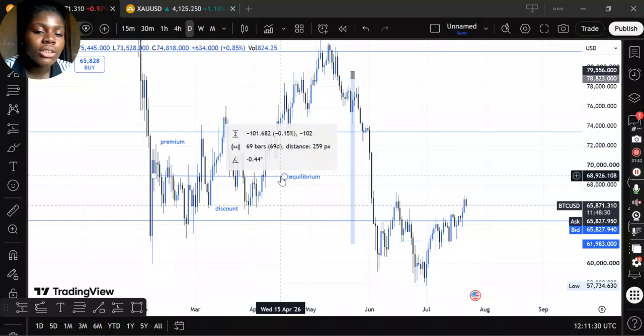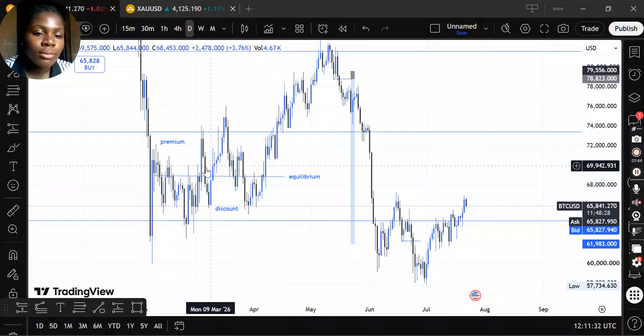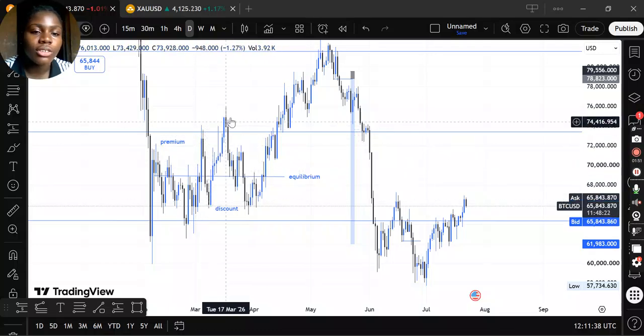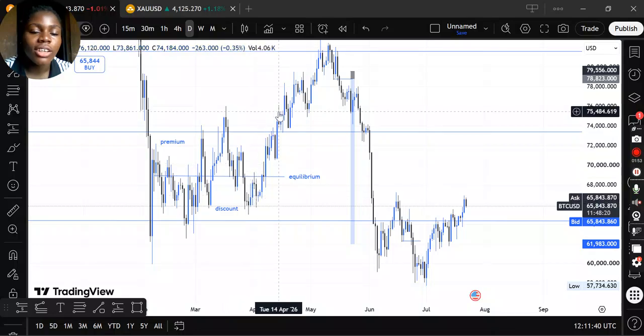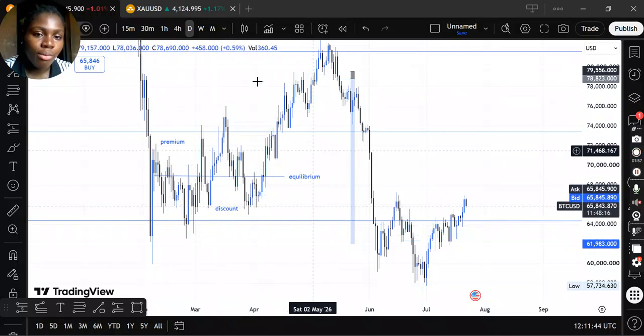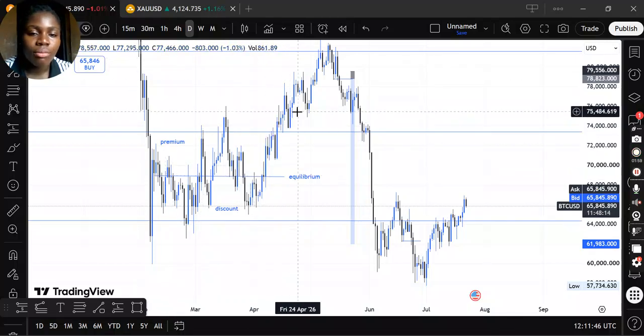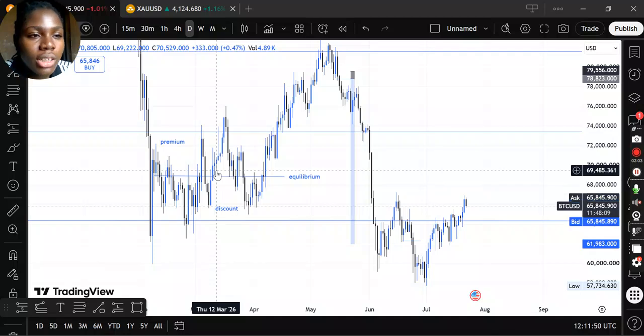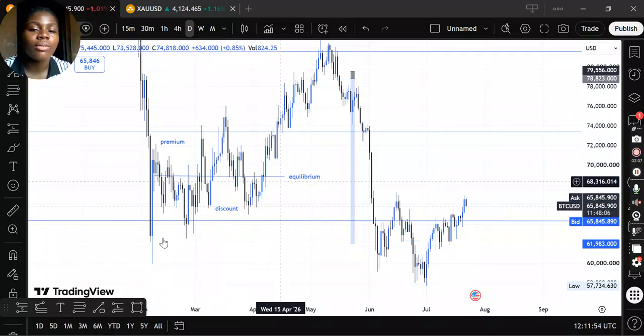At the equilibrium level, it's still safe to buy, and then at the premium level, everything just sells. It sells before it finally broke out of the range. So it's mostly during the range that you can actually get these levels properly.